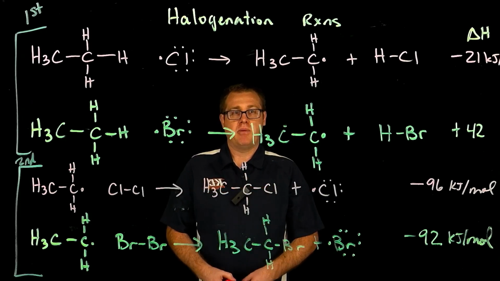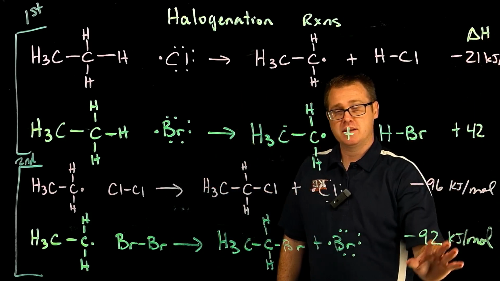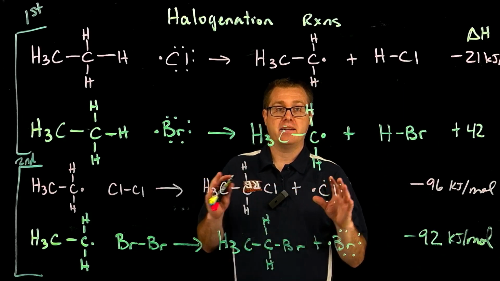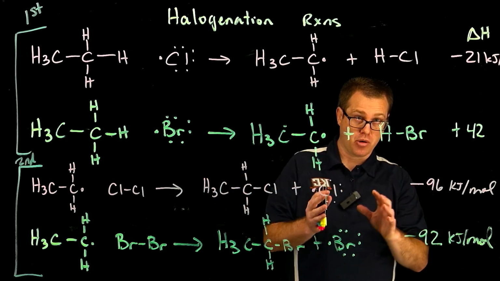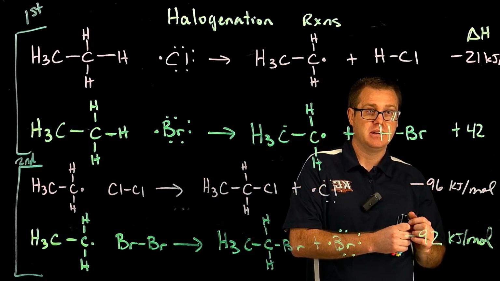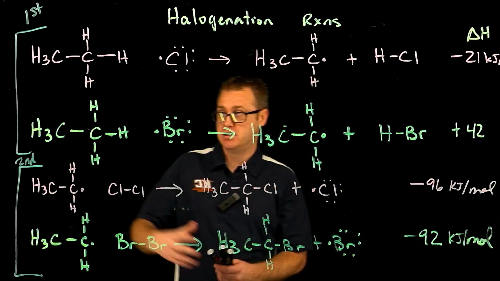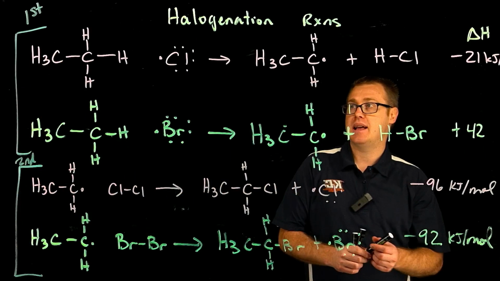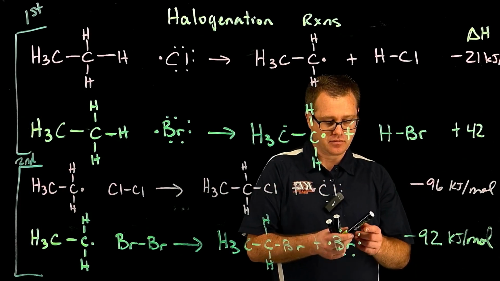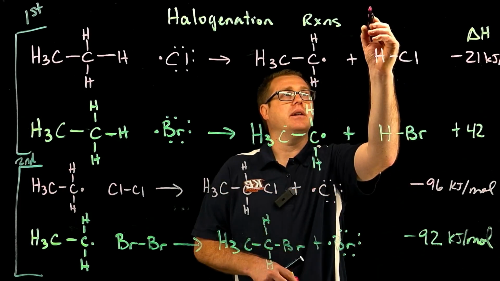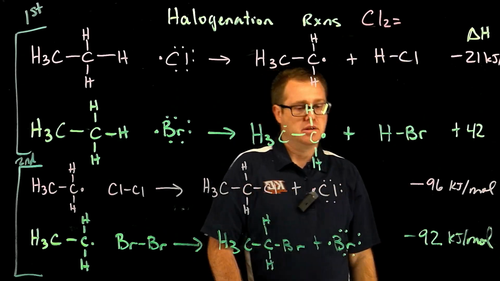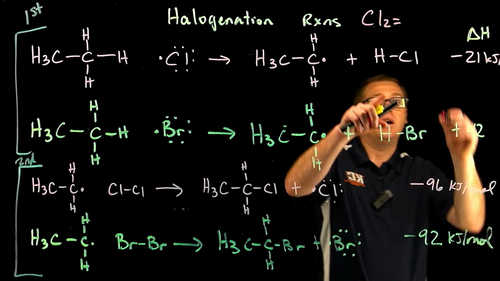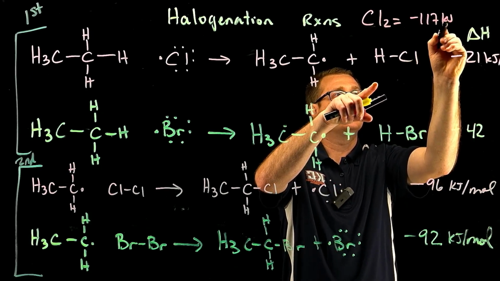Now remember that when we sum up all of these pieces, when we look at the overall reactions, we have to look at the bonds broken minus the bonds formed. And when we do that for both of these reactions and sum it up, what we're going to find is that for chlorination, Cl2 here, the overall enthalpy change, or the Gibbs free energy, is going to be a negative 117 kilojoules per mole.